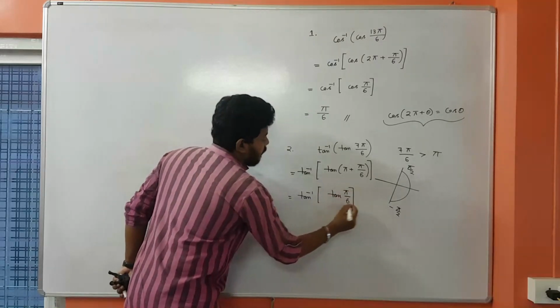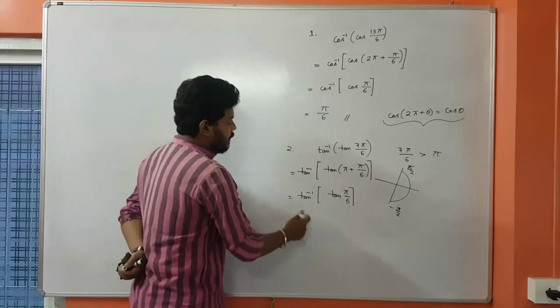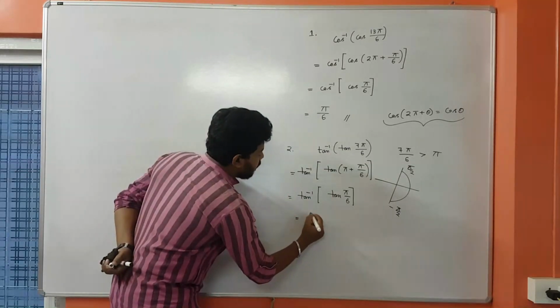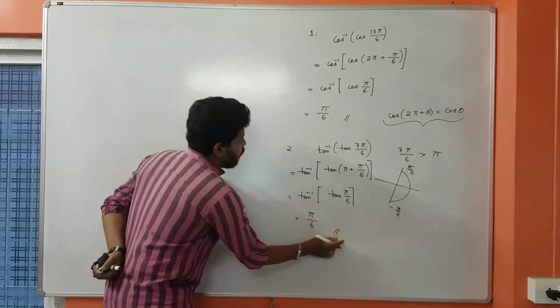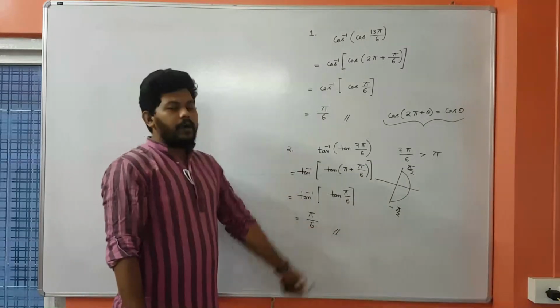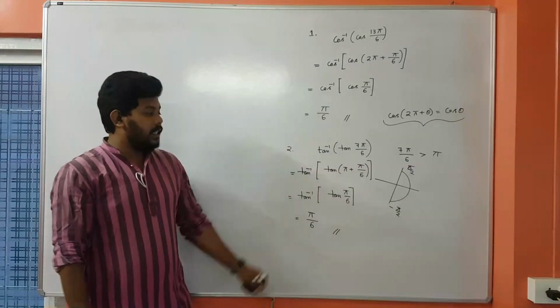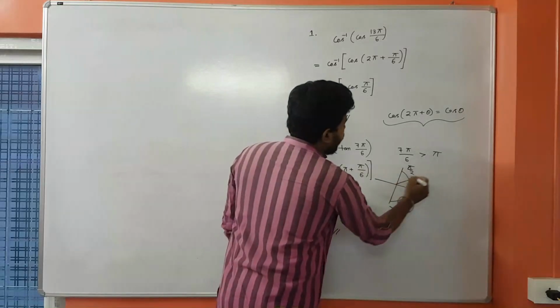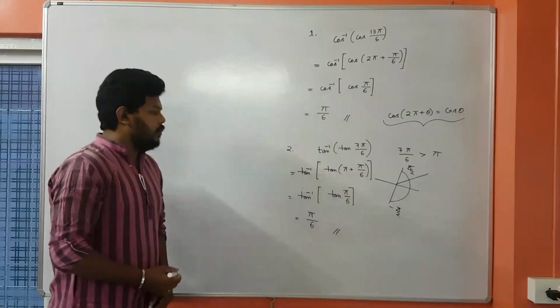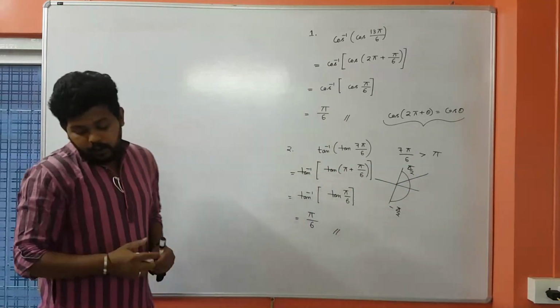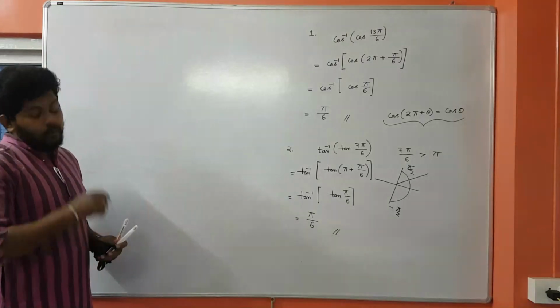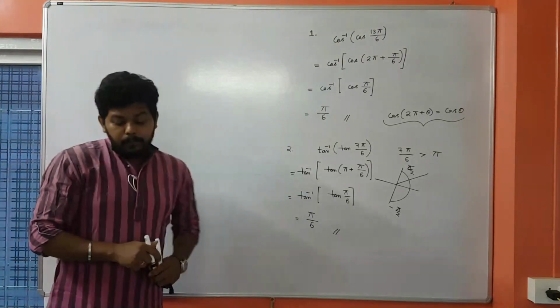So tan pi by 6, tan inverse gets cancelled. Result is pi by 6. This is your required value. This value pi by 6 lies in the principal value of tan inverse of x. This is your solution. Now we will apply the given formulae.